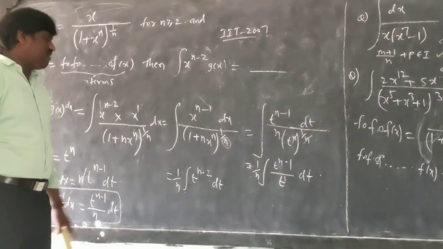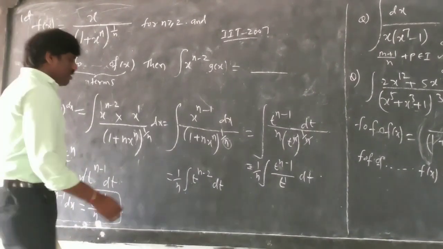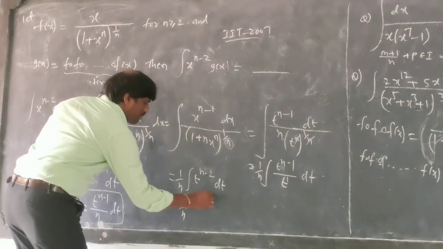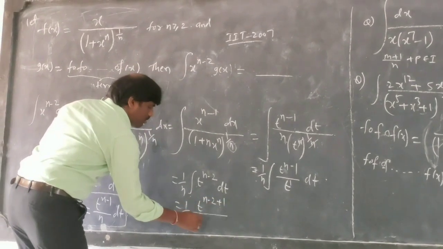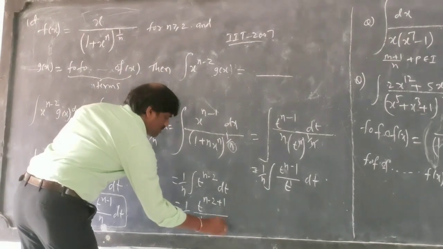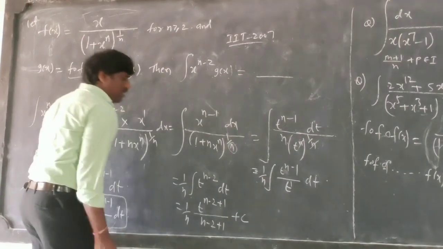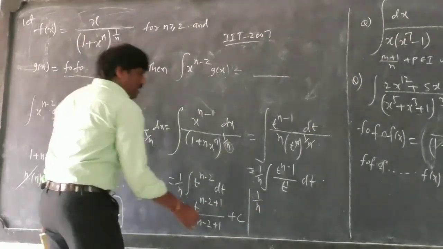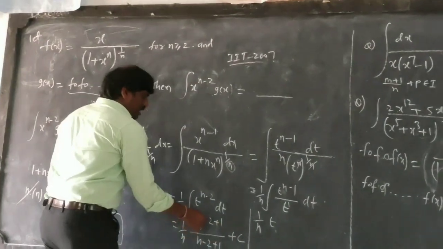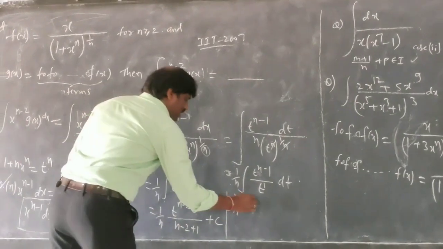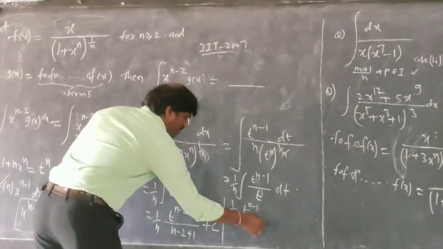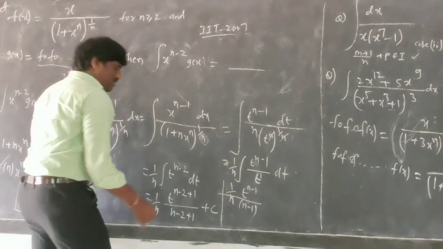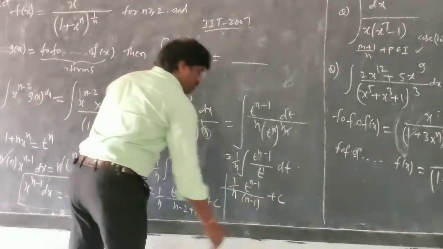What is the integration of t^(n-2)? That is 1 by n, t^(n-2+1) upon (n-2+1) plus c. So the answer is 1 by n, t^(n-1) divided by (n-1), plus c.